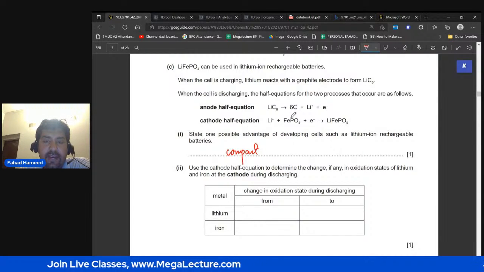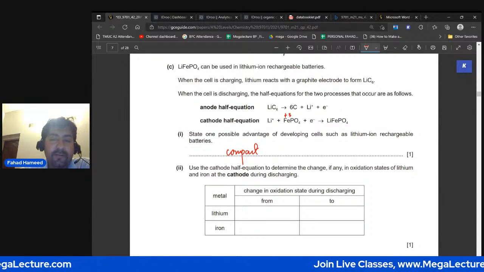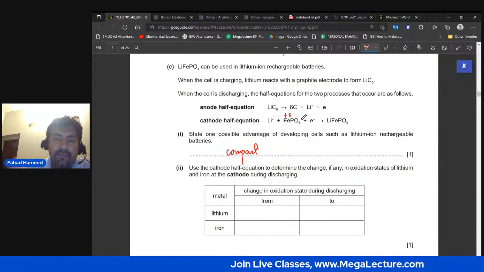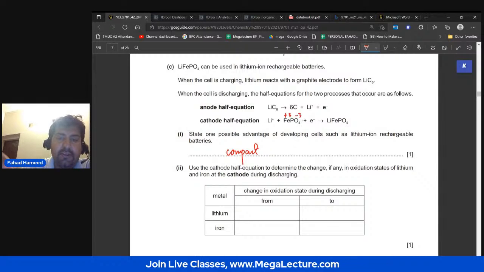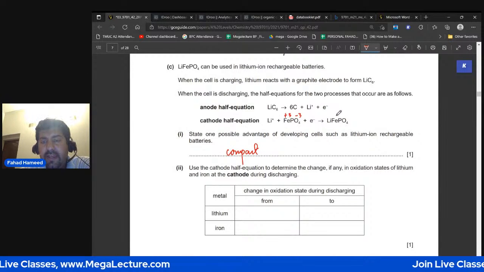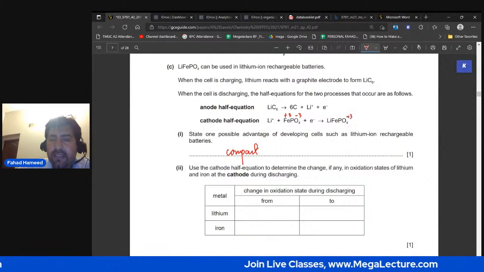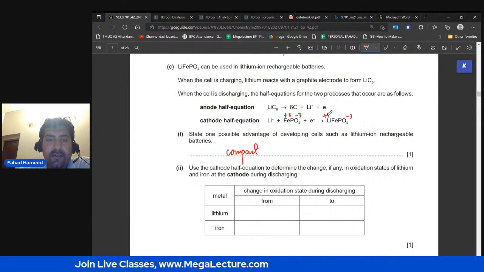Iron is definitely +3 over here because PO4 is -3. If it's a neutral molecule, iron must be +3. And over here, if PO4 is -3, lithium is group 1, so it's going to be +1.